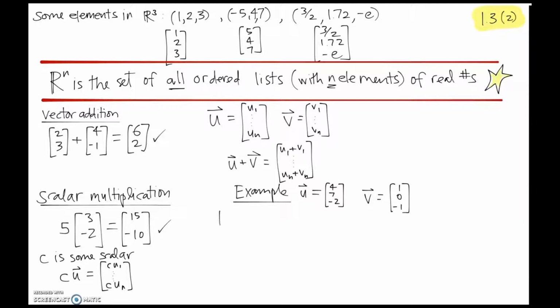And we want to find 3u plus 2v. Okay, 3u is just going to be 3 multiplied by every element in the vector u. So (12, 21, -6). And to that we're going to add 2 times v. That should look like (2, 0, -2). And now we add those together. We get (14, 21, -8).